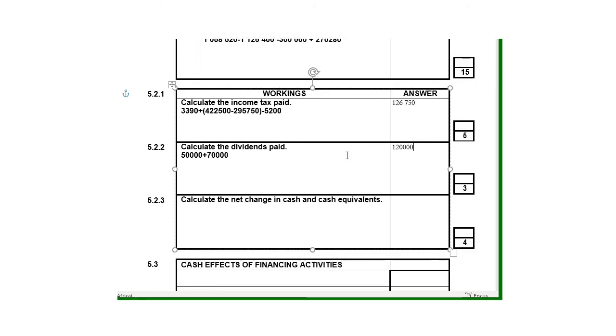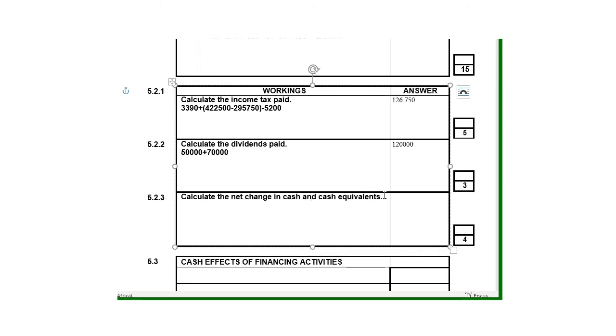Good. So the next thing I have to do is calculate the net change in cash and cash equivalents. So let's look at how we're going to do that. Remember, when we do cash and cash equivalents, you must know the layout of the note for cash and cash equivalents, the actual note on the cash flow statement. And that note basically has the figures for last year and this year.